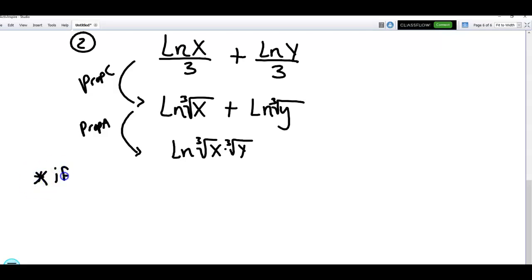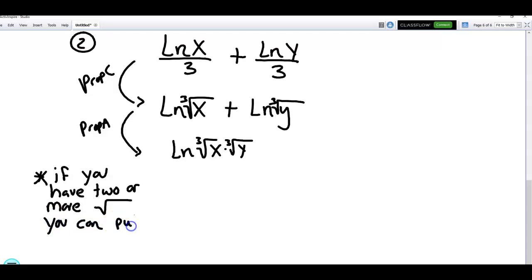Here it is. If you have 2 or more roots, I'll just put the symbol actually, you can put them together as one. So I'll let you write that, and then I'll show you what it looks like, and then we'll be done.